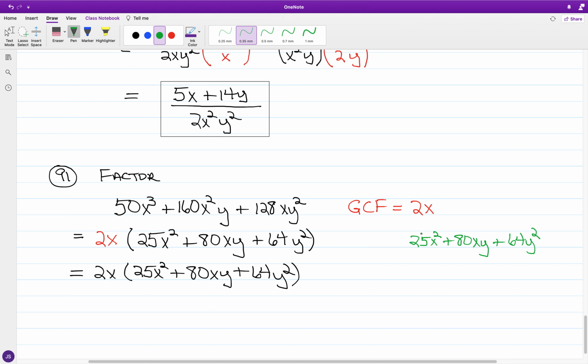So again, we have with the first and the last coefficients, we have 25 and 64 multiplying together. So this will come out to 1600.